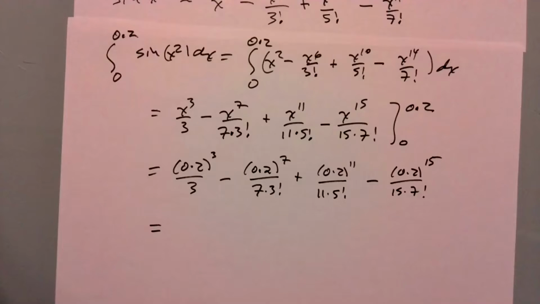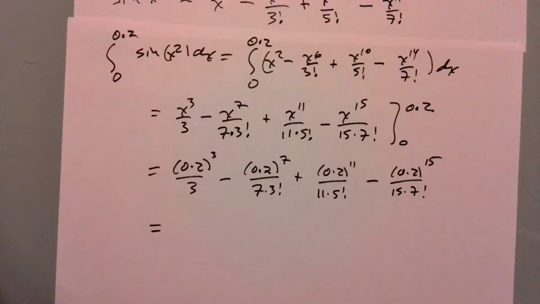Then I have one more, which I know is basically 0 anyway, but I'll do it: minus 0.2 to the 15th divided by 15 times 7 factorial. Before I hit enter, I'm going to check my calculator one more time to make sure I've maintained all the signs, because that's a very common mistake to make.